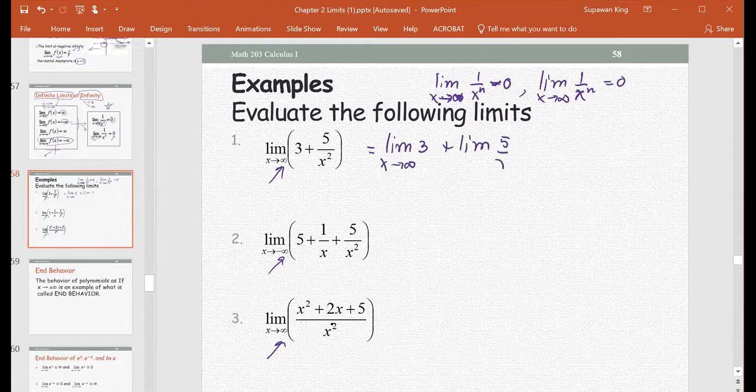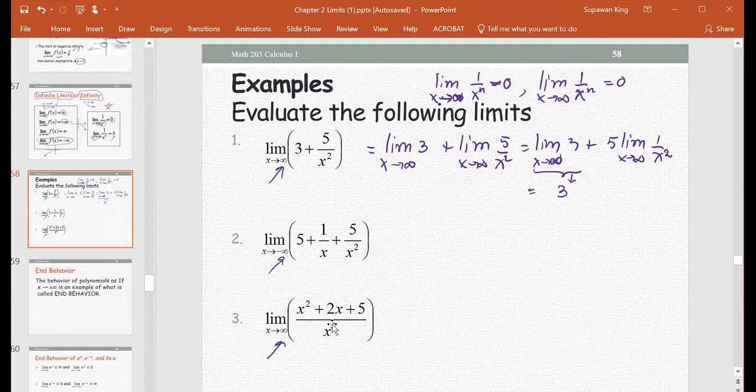The limit of 5 over x squared as x approaches infinity: by the limit law, we can take 5 as the coefficient, the constant multiple, times the limit of 1 over x to the second as x approaches infinity. And look at the first one, the limit of 3 as x approaches infinity. No x is involved, so the first term will always approach 3. And the second one has coefficient 5 and the limit of 1 over x squared, but the denominator gets larger and larger. We use this property to help out.